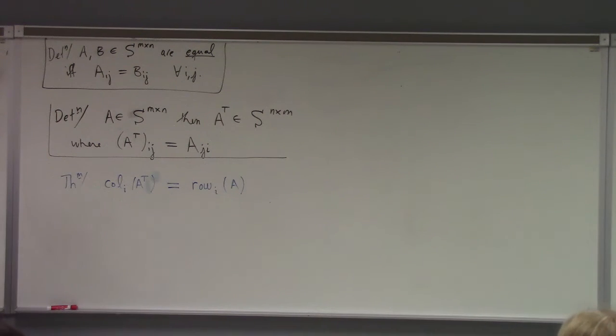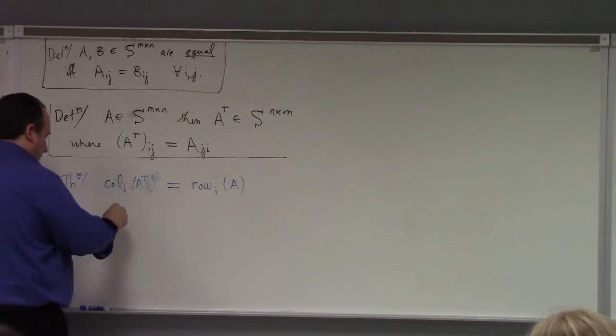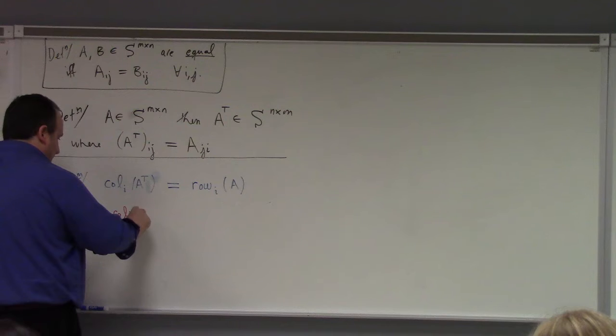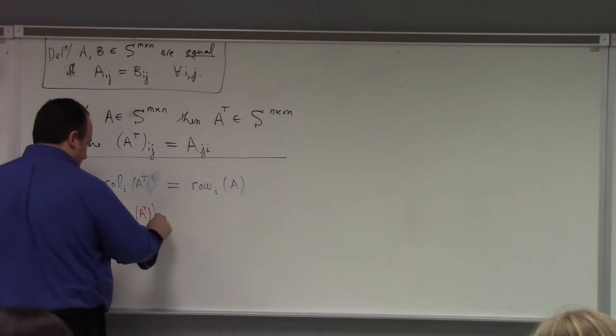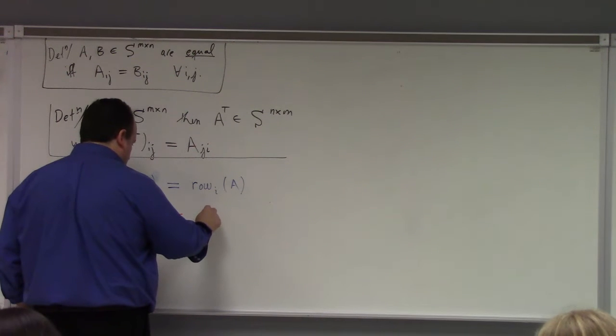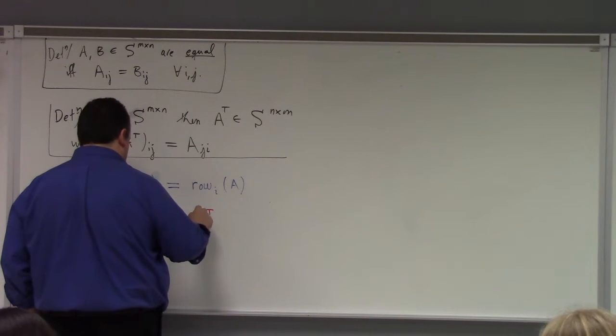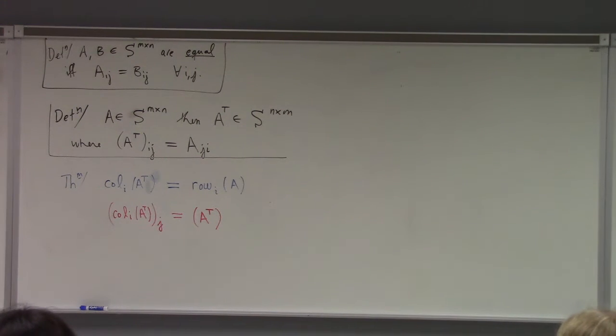All right, so what does the proof of that look like? So here we go. Column i of A transpose, right? Let's calculate the jth component of that. So how do we calculate the jth component of the ith column? Notice here, I have to deal with the fact that the indices are swapped, right?